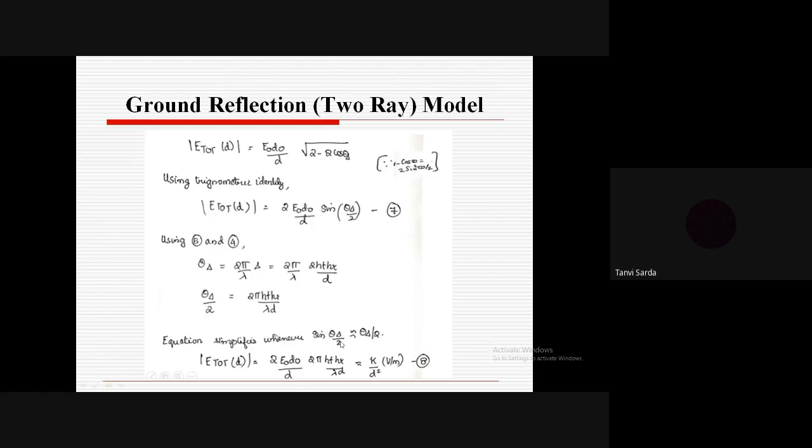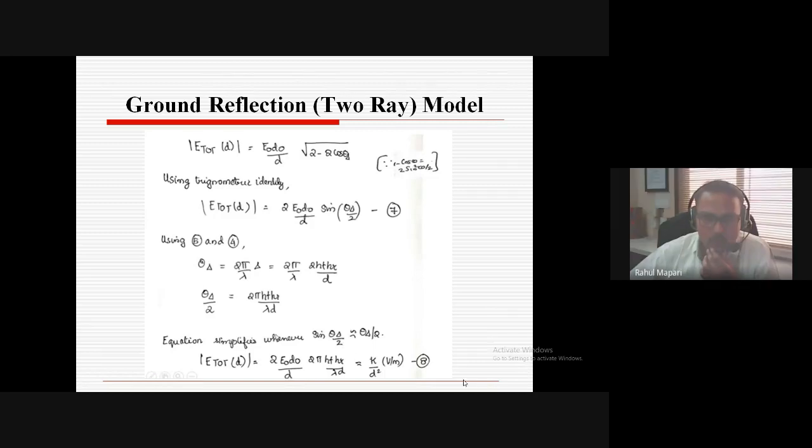Is the phase difference small? That is why half of the phase difference is approximately equal to the sine of the phase difference by 2.